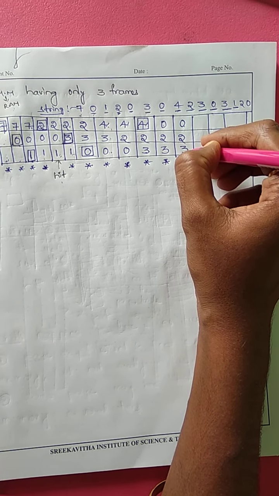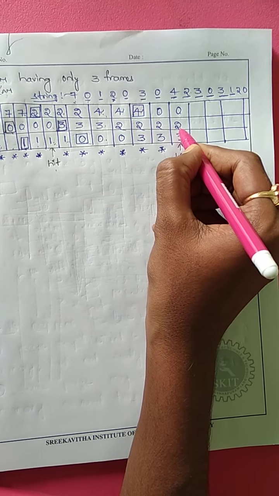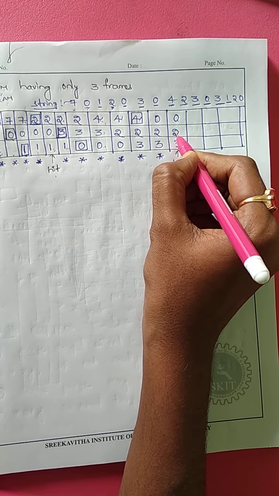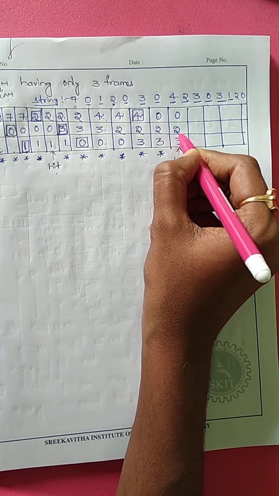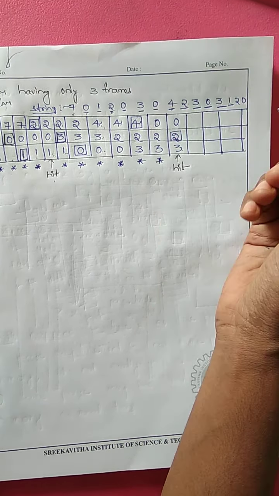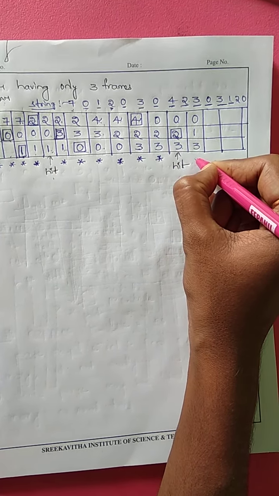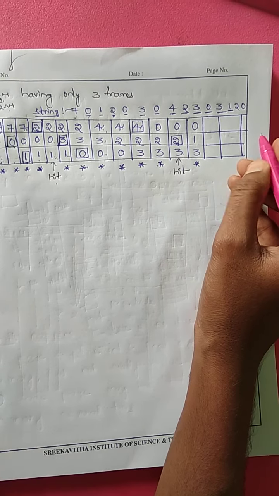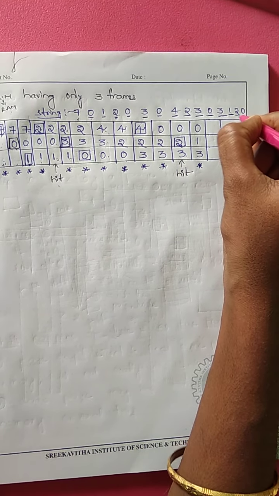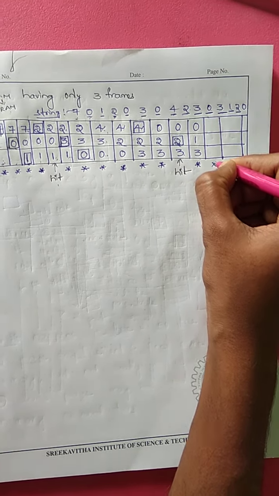And next, which page will be removed, which page is used for the longest time? 2. So, 2 will be removed. 0, 1, 3. It is a page fault. So, what's the next one? 2. 2 is not present, so this is also a page fault.